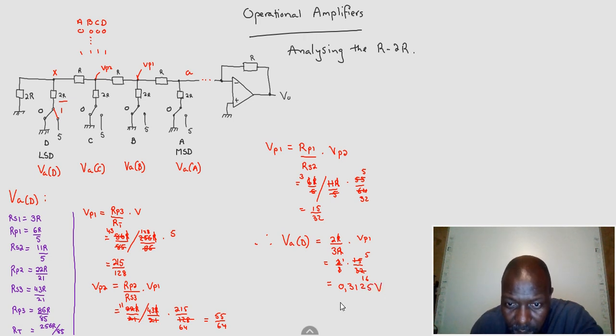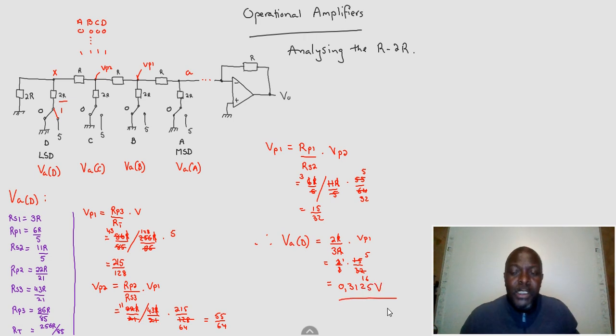This is exactly our step voltage. What does it mean? It means 0000 volts will be 0, when all switches are on 0. 0001 is going to be this value, 0.3125, because D corresponds to the unit.